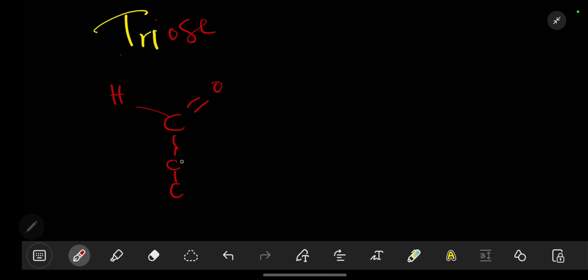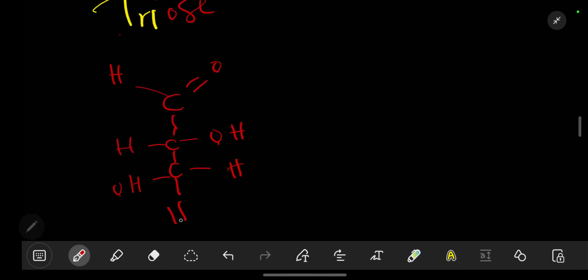Then we have our OH like that, then our H, then our H, then our OH. It's more like they are interchanging. OH comes this side, then we have our hydrogen for the last part like that.